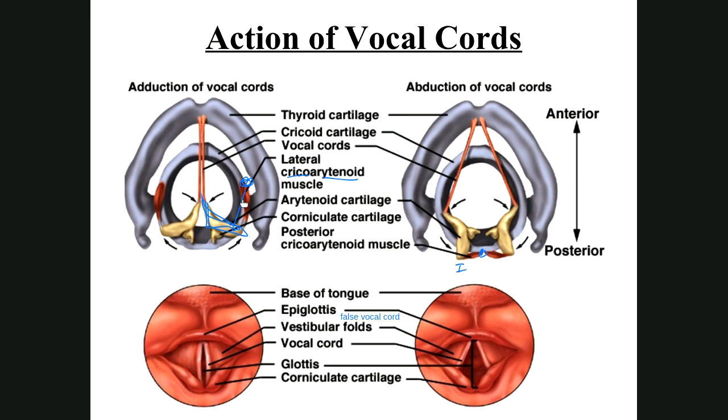Maybe things like lateral cricoarytenoid contraction will lead to adduction, whereas posterior cricoarytenoid contraction will lead to abduction. But that's how one could generate different sounds, either a high note or a very low note.